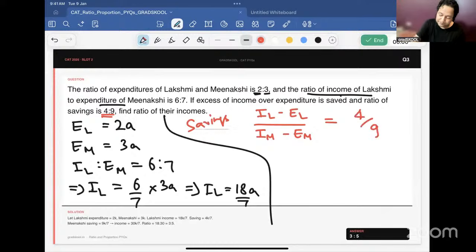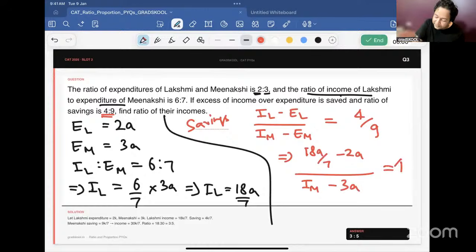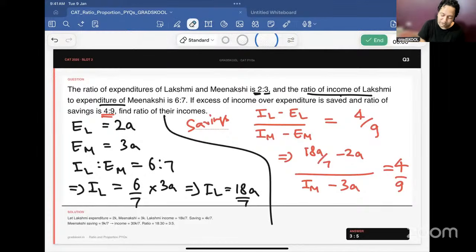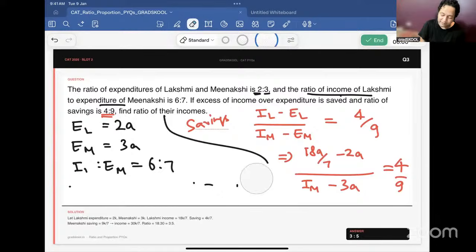Let's put the values in. IL is 18A/7, EL is 2A, IM we don't know, EM is 3A. Everything is in terms of A, so I'll get IM in terms of A. We can just solve that. I'm removing this black ink from the left-hand side.